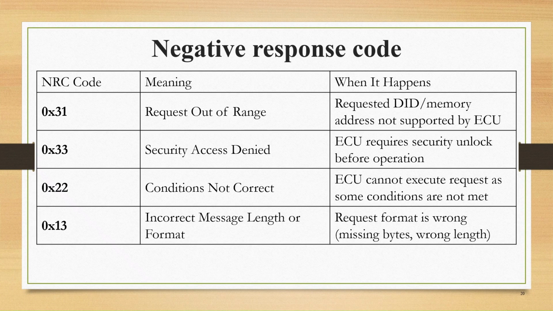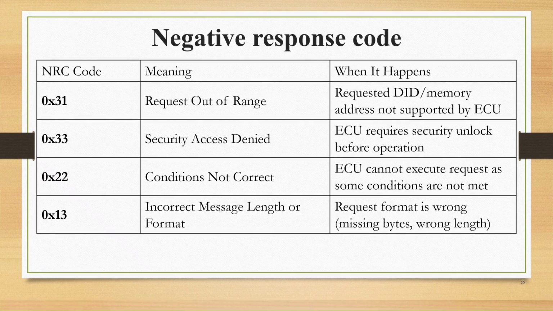Then there is 0x33, which is security access denied: the ECU requires the security unlock before operation. 0x22 is when the conditions are not correct. Suppose there is a condition that the engine should be on, and if it is not met, then 0x22 can be thrown. And 0x13 is incorrect message length or format. If there are some missing bytes or the length is wrong, then this NRC will be thrown.